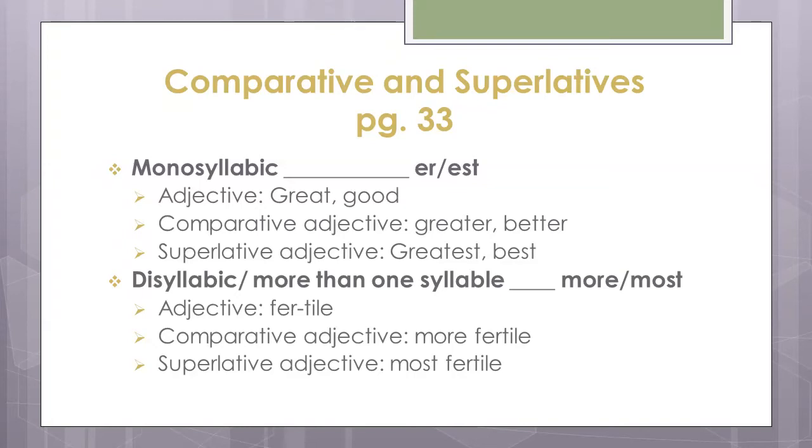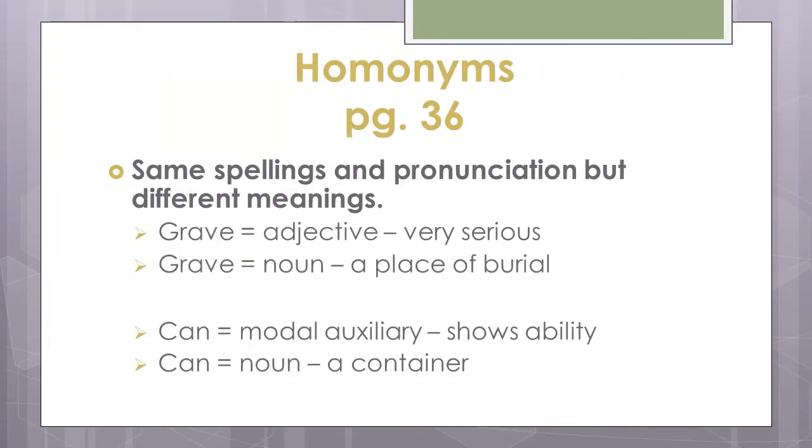Both have the same spelling, grave, same pronunciation, grave, but their meanings are different. One grave is an adjective, that means very serious. This is a grave problem. This is a very serious problem. The other grave is a noun, that means the place of burial of a Muslim. Graveyard, grave.